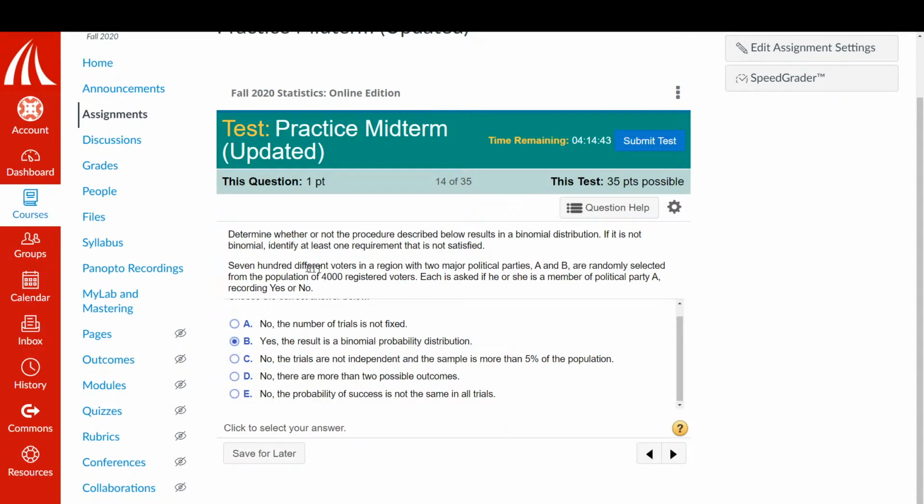700 different voters in a region with 2 major political parties, the parties are A and B, are randomly selected from a population of 4,000. So 700 is the number of trials. It's more than 5%.